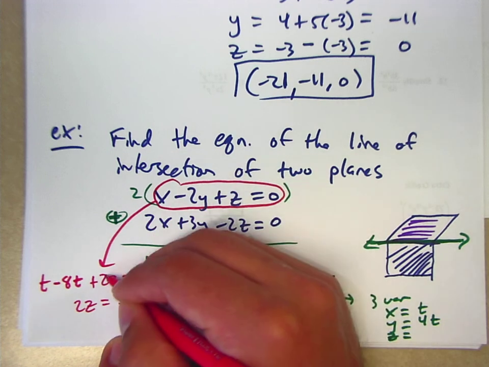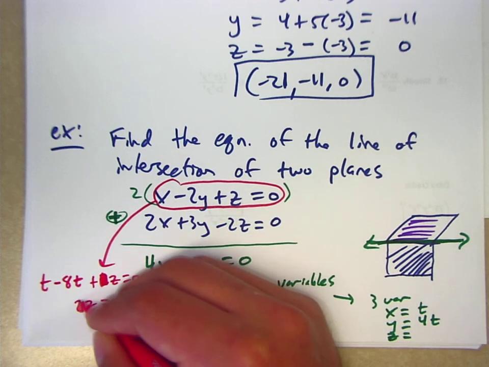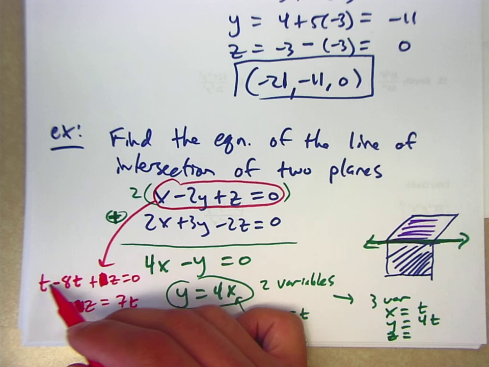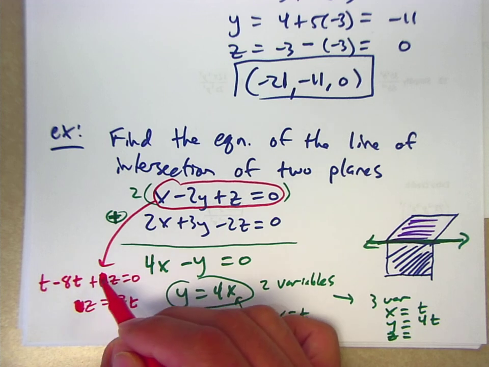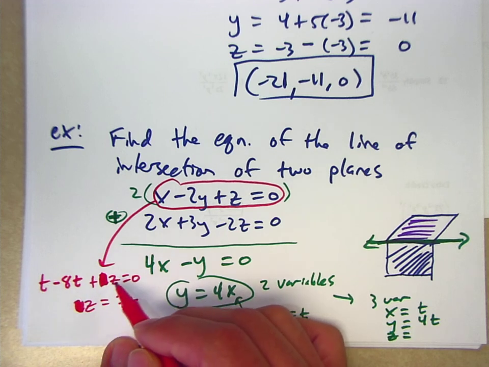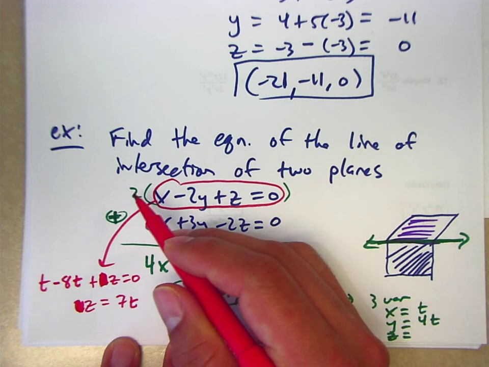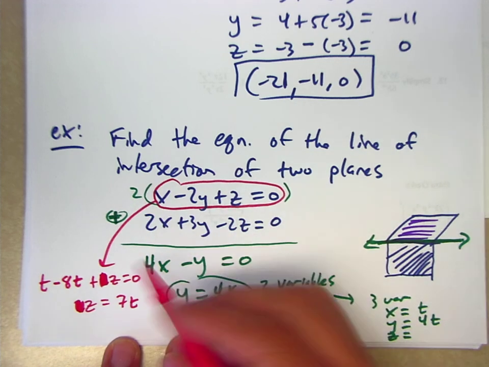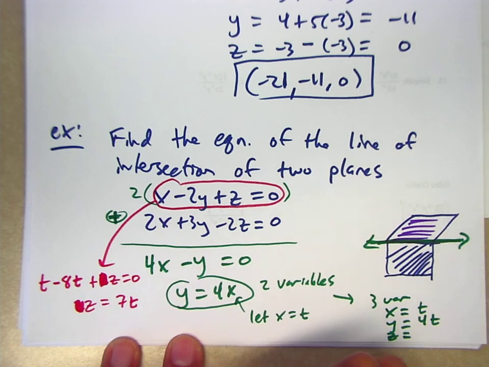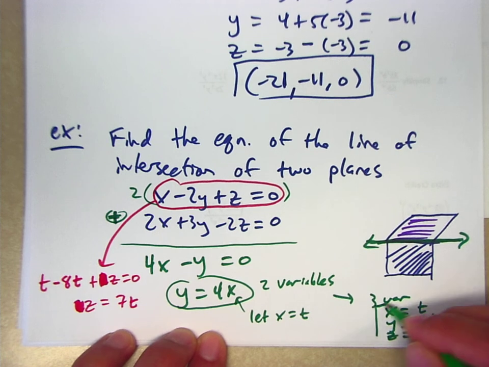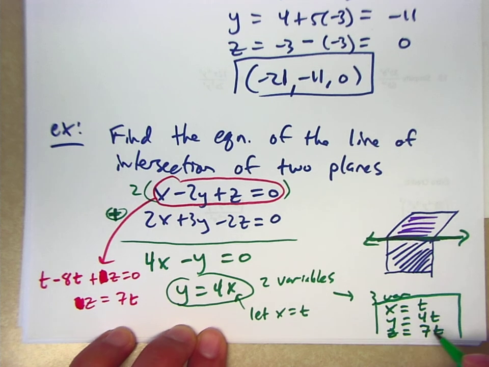This is just a z. And so after you plug in your x and y definitions using t's into the equation, you get t minus 8t plus z equals 0. Made a mistake there. There was no 2 there. I just kind of saw the green 2 for some reason. Anyway, once you get z alone, move everything to the other side, you get 7t. And so this is the parametric equation for the line.